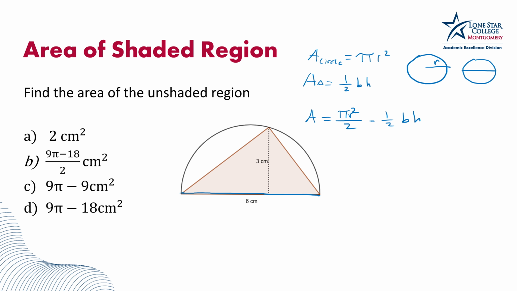The radius just so happens to be half of the diameter. So if our diameter, which is our base, is 6, that means our radius has to be half of that, which is 3. And then the height of the triangle is that vertical length, that would be 3.